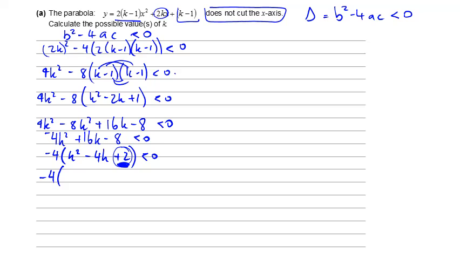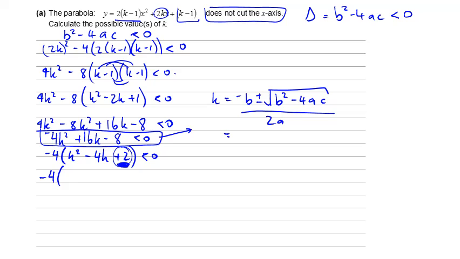So what I would therefore do is go back to this line just here and use my quadratic formula. K equals negative b plus or minus the square root of b squared minus 4ac all over 2a. So that is negative 16 plus or minus the square root of 16 squared minus 4 lots of negative 4 lots of negative 8, all over 2 lots of negative 4.